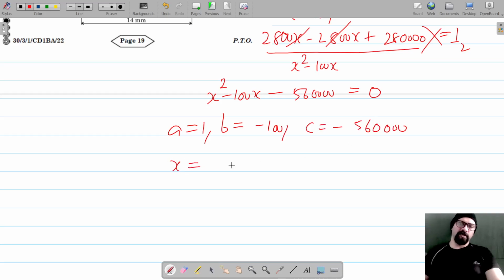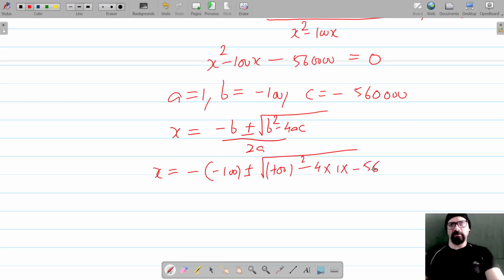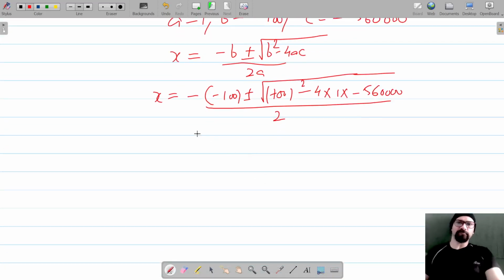And we have to find x, and the quadratic formula says that x is equal to minus b plus or minus root of D, which is b square minus 4ac, upon 2a. And if I substitute the values, this is minus of minus 100 plus or minus the square root of minus 100 square minus 4 into a, which is 1, into minus 560000, upon 2 into a, which is 2.